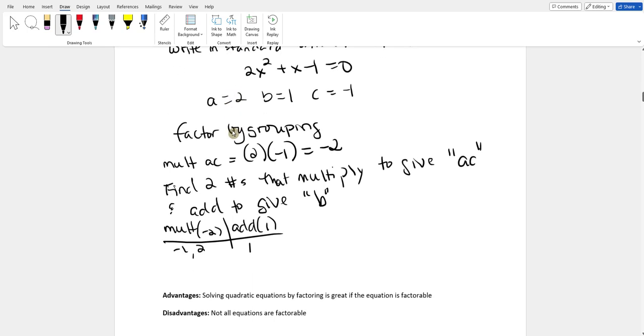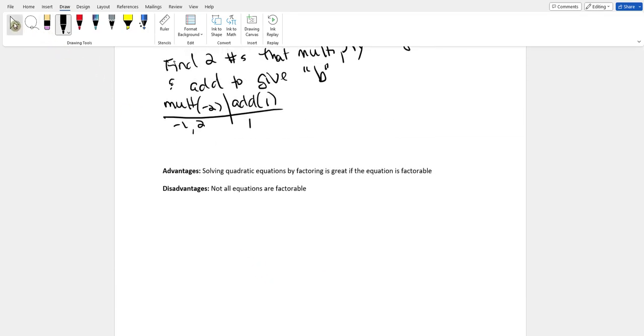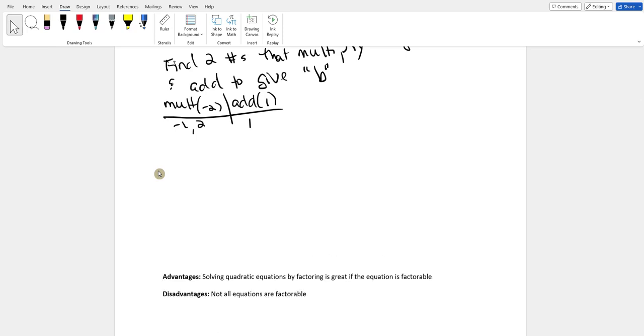The next step is to, and I didn't give myself enough room. Okay, so what we're going to do is, let's see, I know what I'll do. I'm going to move this down a little bit. Okay. So now what I want to do is rewrite the middle term.